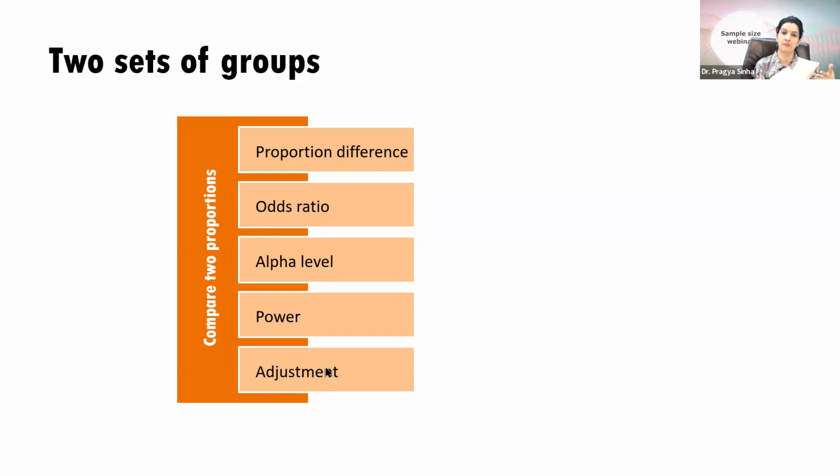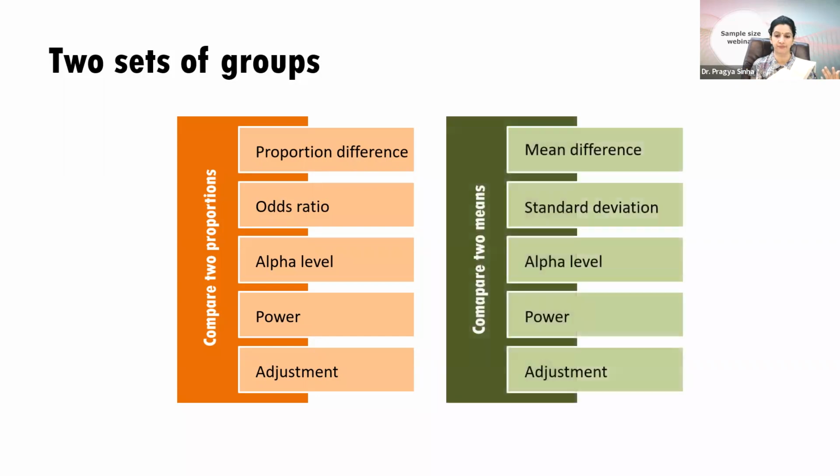So with this adjustment also, there's an increase in sample size, because you do the adjustment for the non-response, and you do the adjustment for other things, like maybe the ratio in the control arm as well as the treatment arm. So is it 1:1 or 2:1? So you do such adjustments also. And if it is a cluster randomized trial, then again you do the adjustment for the clustering effect also.